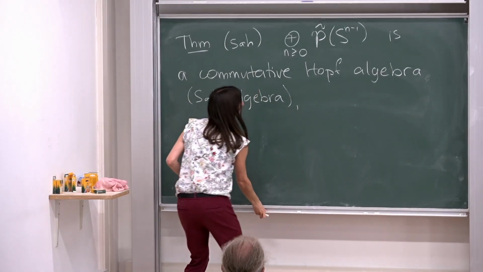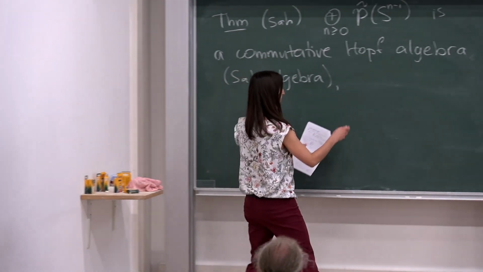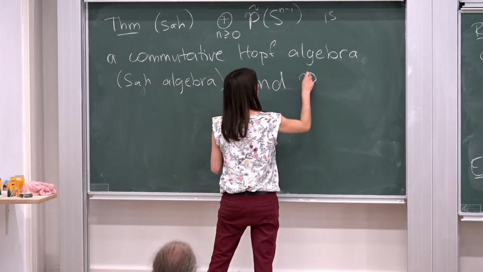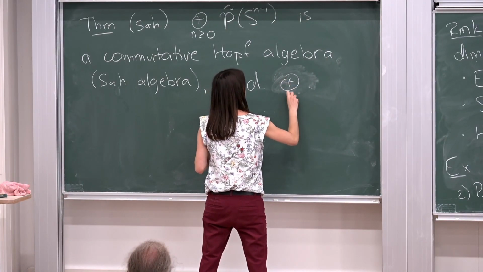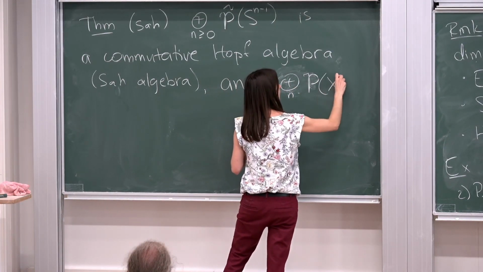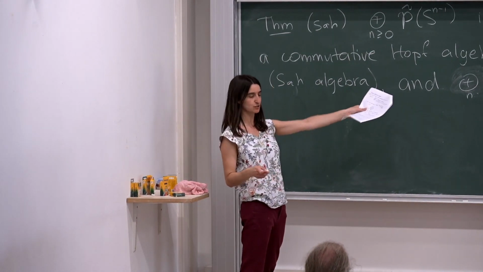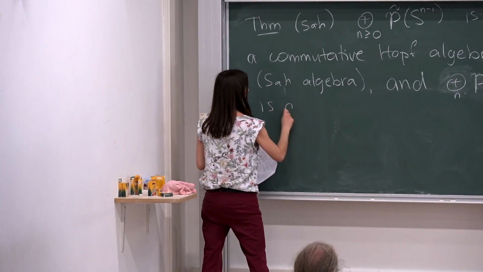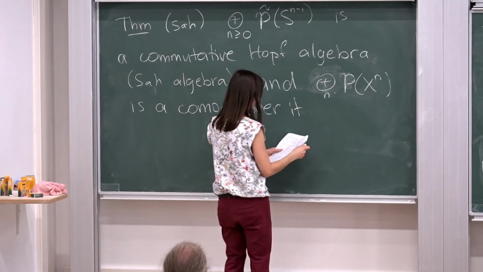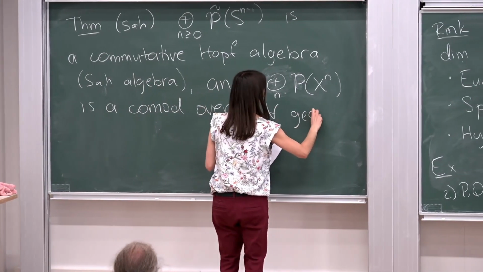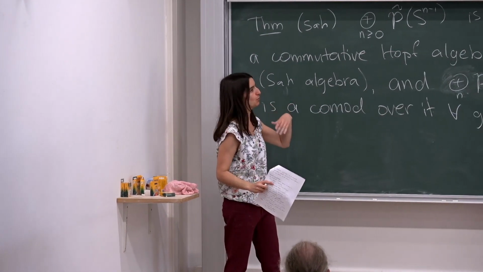And furthermore, this is a co-module structure. So the sum over n of the scissors congruence groups of an n-dimensional geometry is a co-module over it, for any geometry X. So spherical, Euclidean, or hyperbolic.